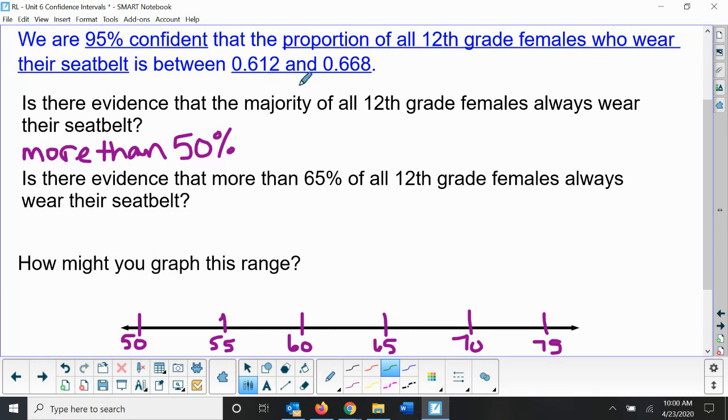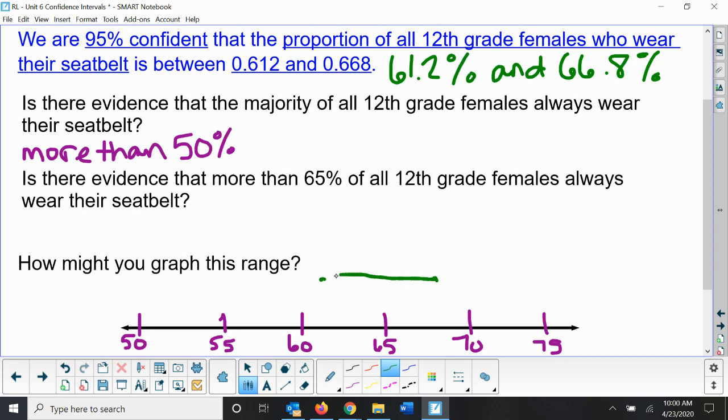So this is 61.2%, and we could have written that as a percentage too, 61.2% and 66.8%. And so I'm going to graph that first. And so there's a graph of my confidence interval.